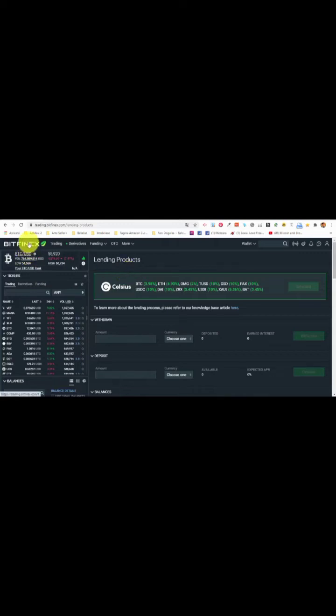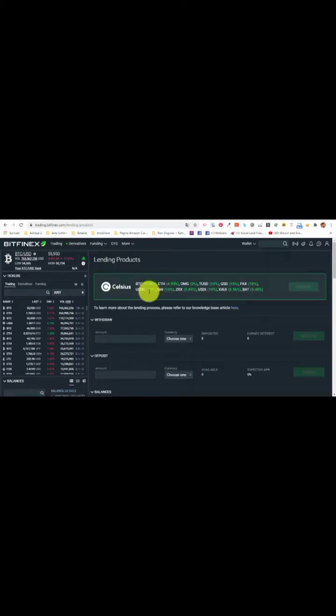So the first platform we are going to check out is Bitfinex, and you already know how it looks when you have logged into your dashboard. This is the main dashboard, a lot of numbers here, and we have the wallet where you can deposit, withdraw, wallet reports.